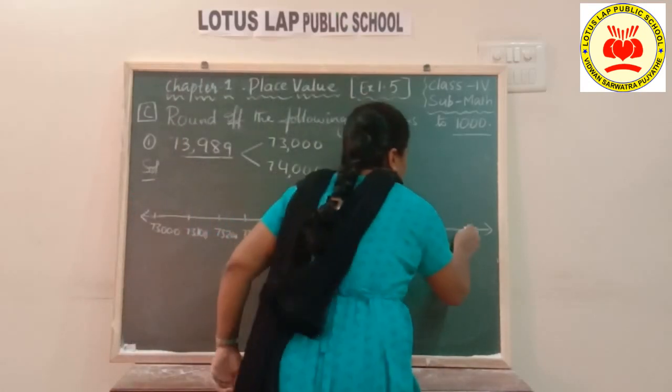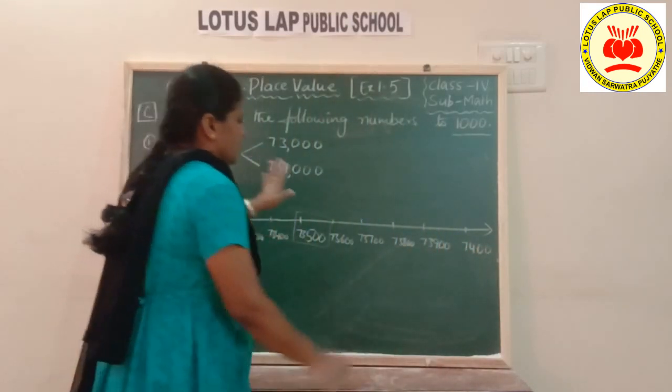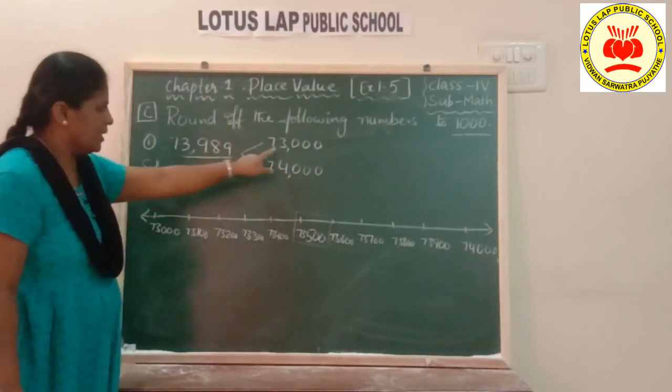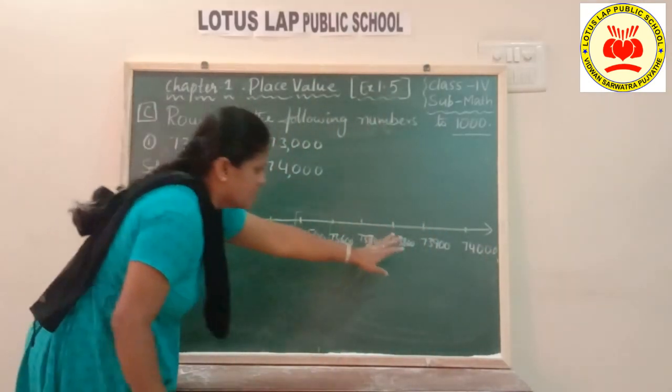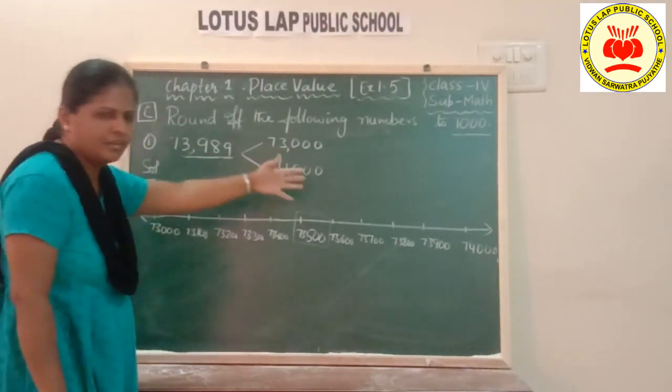Okay. Finally 74,000. Sorry, one more zero. So we marked the numbers from 73,000 to 74,000, increasing by 100 every time.